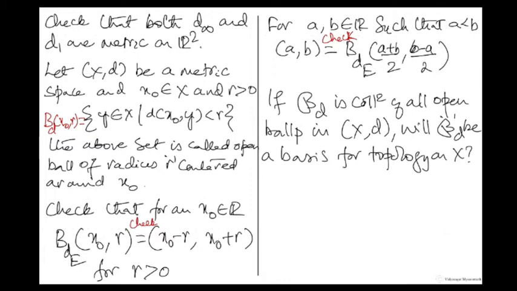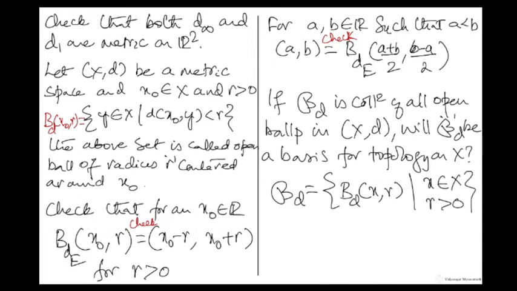If open intervals, which are basically Euclidean open balls, can together form a basis for a topology on R, why could it not be the case in general? That's the question. So consider B_d to be the collection of all open balls with center any point of X and radius any positive real number. Let that be our B_d.